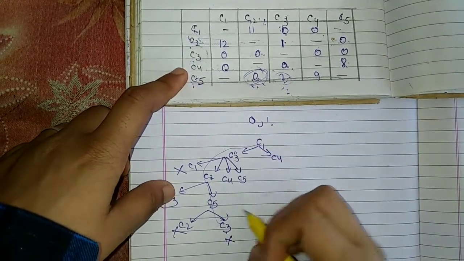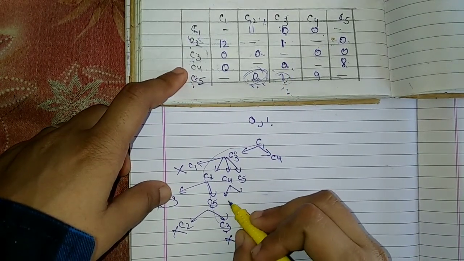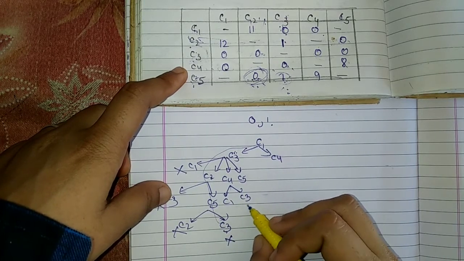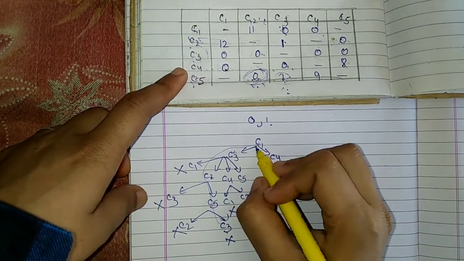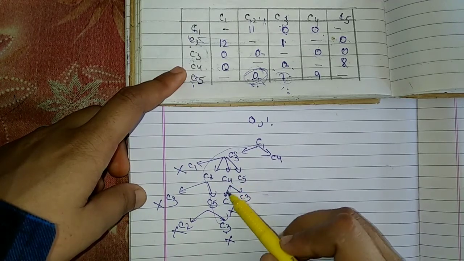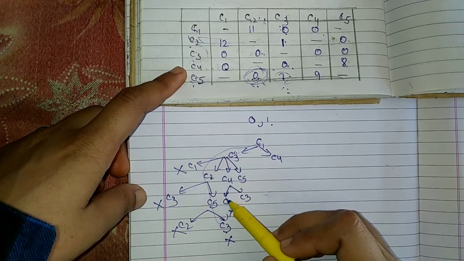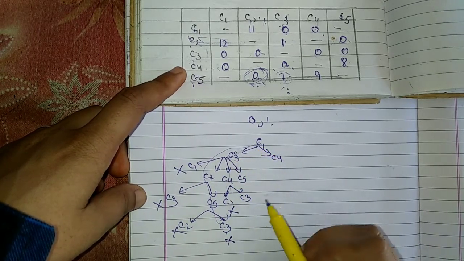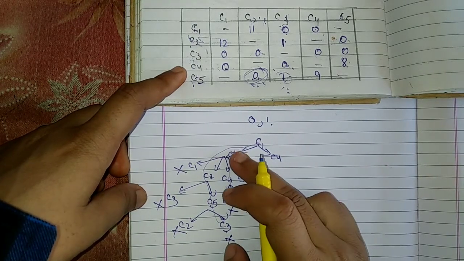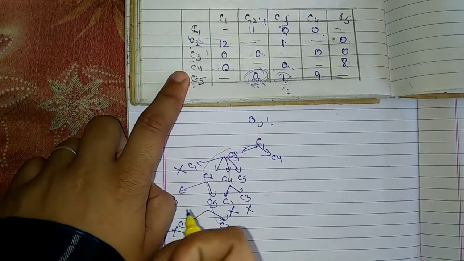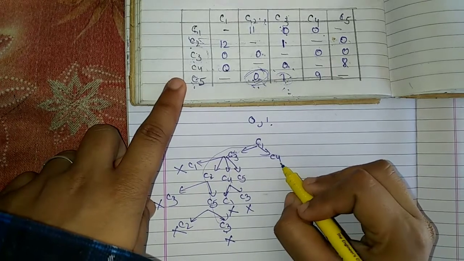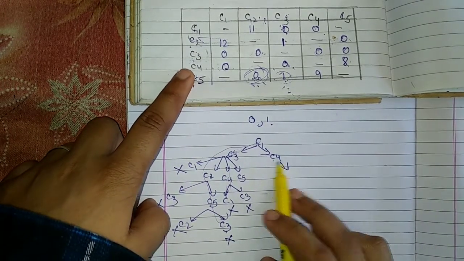C4. There are 2 zeros at C1 and C3. It is unfavorable because it does not cover C2, C5. It is unfavorable because it is already covered here. Now move towards C4.